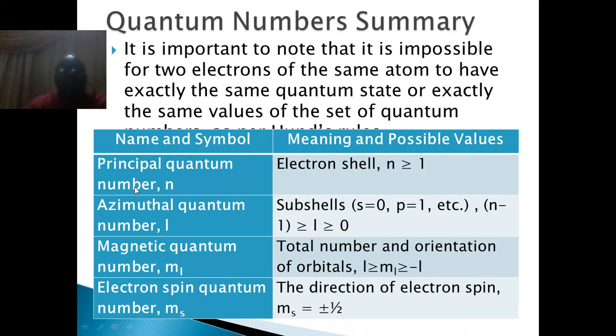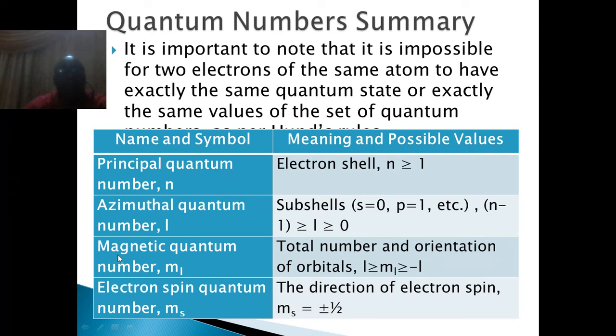You have the principal quantum number, n, which is the electron shell. n is equal to or greater than 1. Then you have the azimuthal quantum number, L, for subshells: for the s orbital, L is 0; for the p orbital, L is 1, and so on. And the azimuthal quantum number is given by n minus 1.